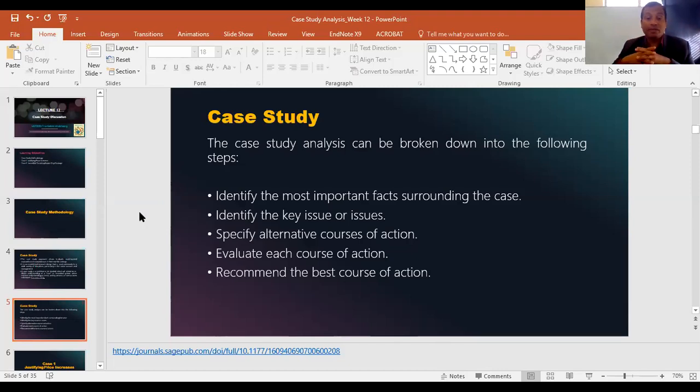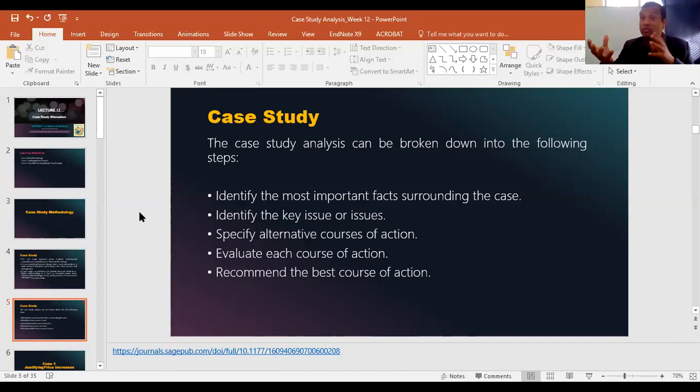And stage 4 is very, very important. You need to weigh, you need to evaluate each course of action. I mean to say, for alternative 1, what are the pros, what are the cons, what are the positives and negatives of that action, and if that action is implemented, what are the strengths and weaknesses.